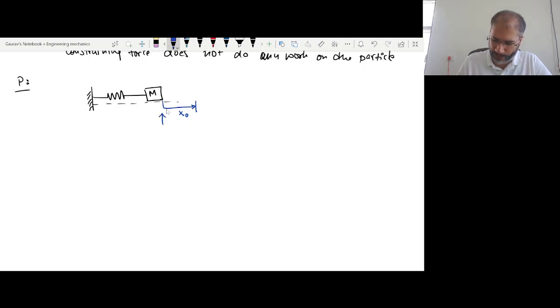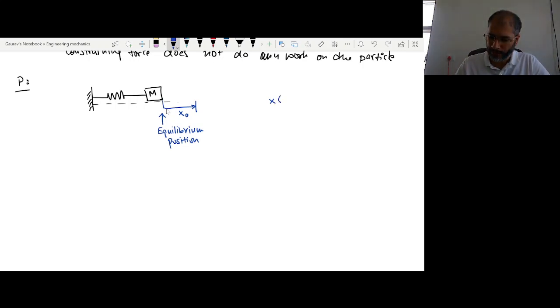So this position is the equilibrium position. So we have to find out what is the position x, it's a one dimensional problem, as a function of t. So this is the aim of this, or what is asked of the problem.